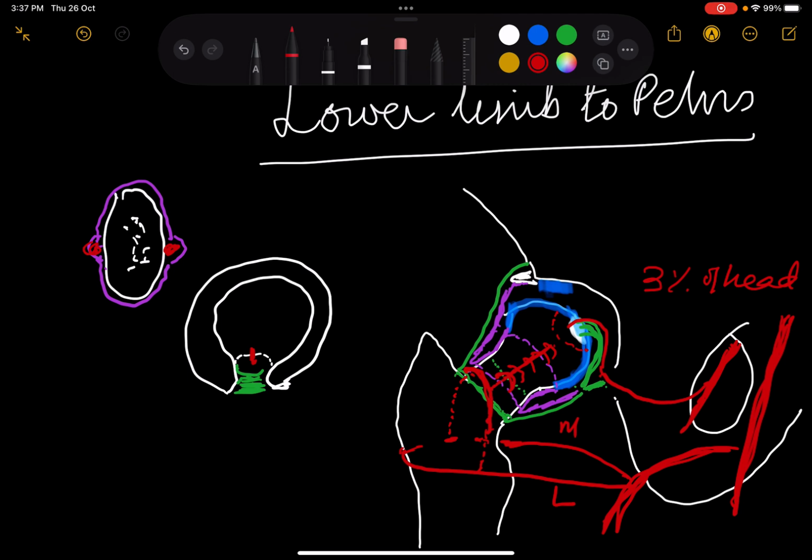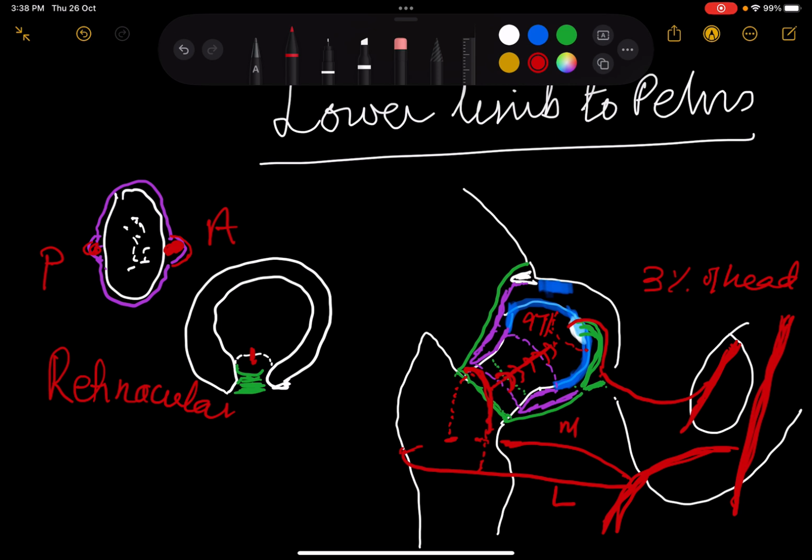It will cross the growth plate and supply the rest of the head. So this vessel here, surrounded by this synovial sheath, is called as a retinacular vessel. And there is a posterior retinacular vessel and anterior retinacular vessel. So this supplies the 97% part of the head.